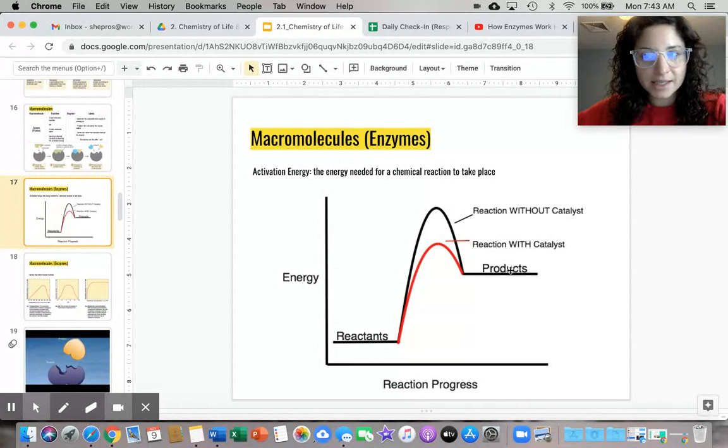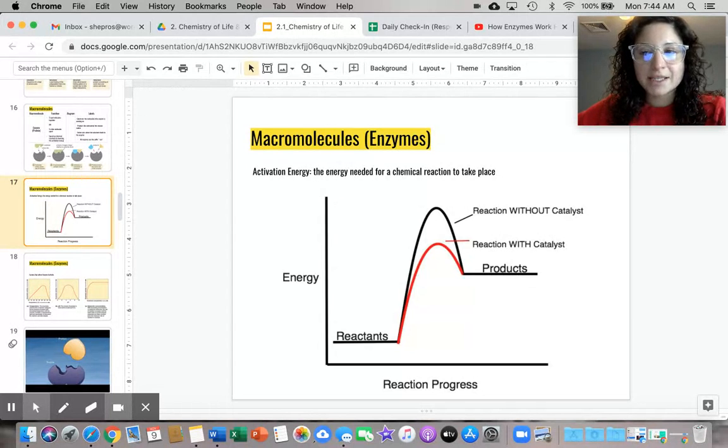Now, with an enzyme, what the enzyme does is it lowers the energy needed for this chemical reaction to happen. So we still have to build some energy, but we don't have to build as much energy. And so this makes it a lot easier for the chemical reaction to take place. And keep in mind, a catalyst is just a chemistry word that is talking about an enzyme.